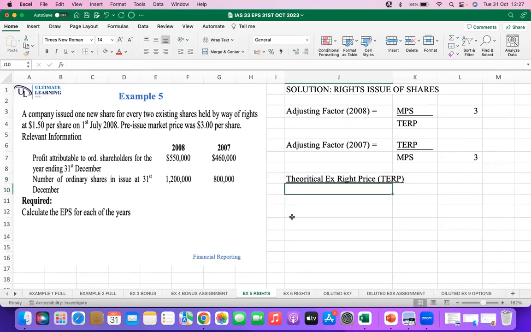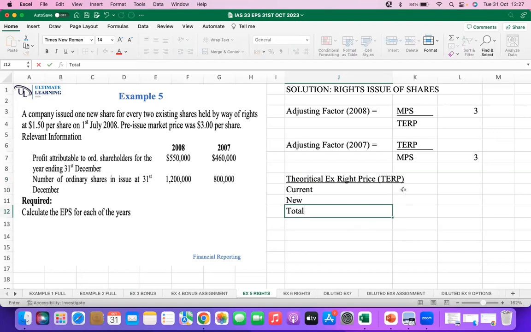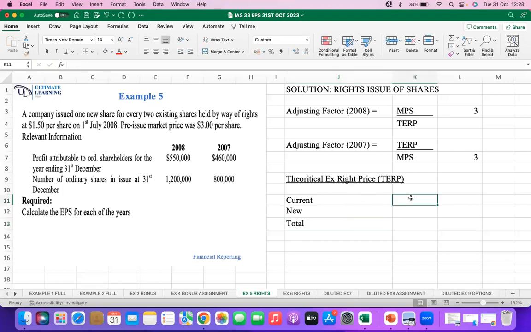We said there was the current and there was the new, and then there is the total. I'm skipping some space. There is a current, there is a new, and there is a total.